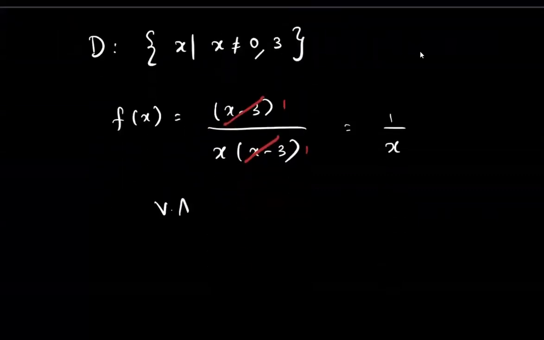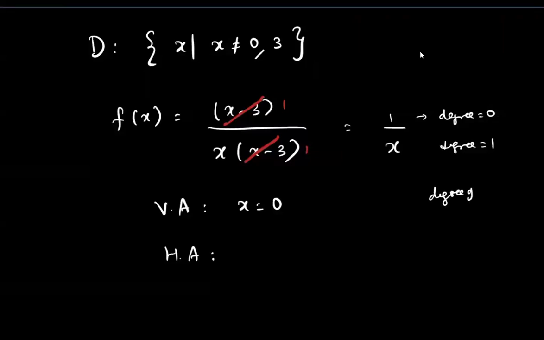So where is the vertical asymptote? It is at x equals 0 because that's the remaining factor in the denominator. Where is your horizontal asymptote? Because this degree is 0 and this degree is 1, the degree of the numerator is less than the degree of the denominator. So the horizontal asymptote is at y equals 0.